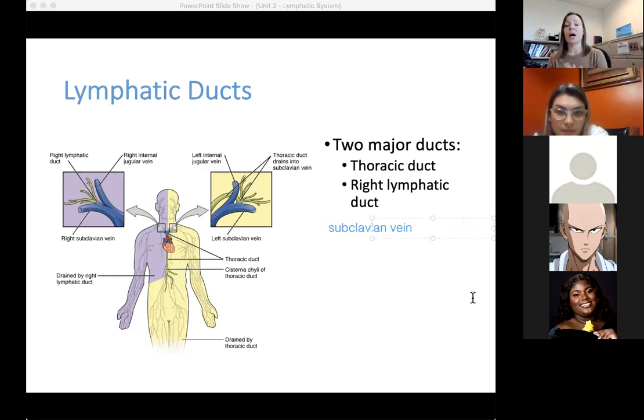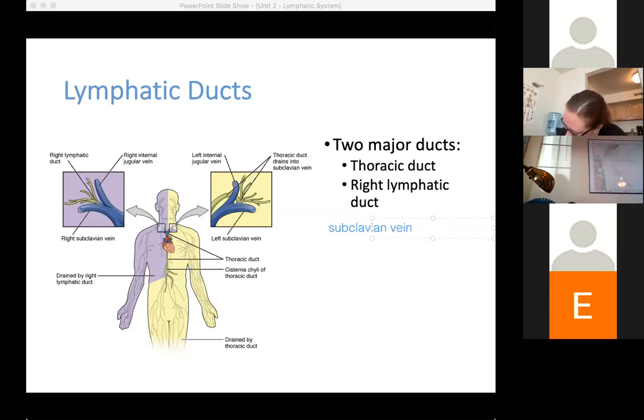Okay, so now the other duct is the right lymphatic duct. It receives lymph from just the upper right quadrant of the body. So just the area shown in purple, and it empties that lymph into the right subclavian vein.